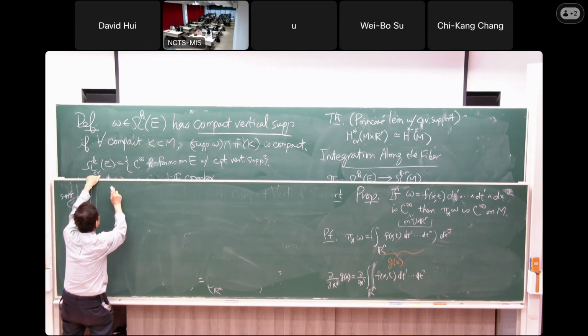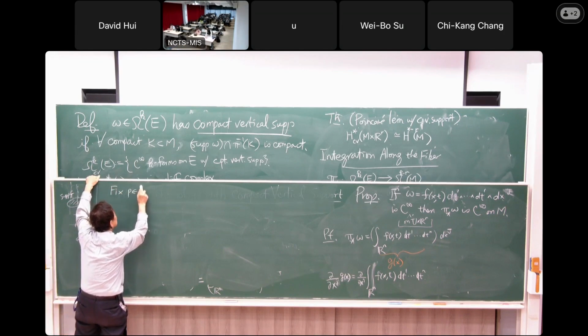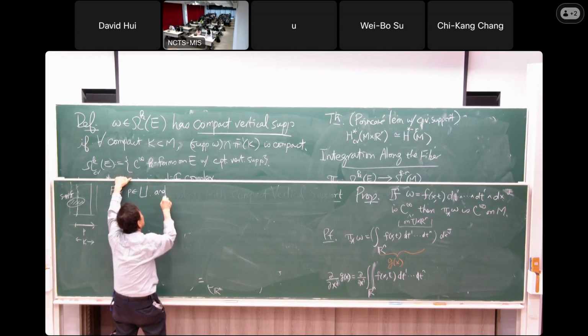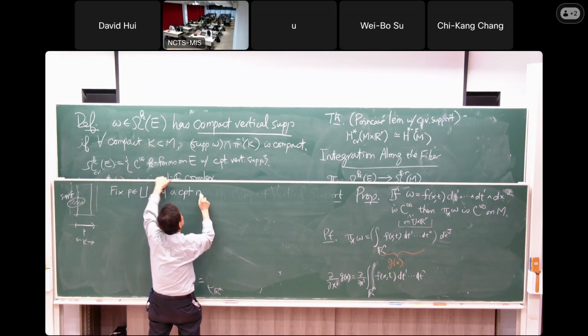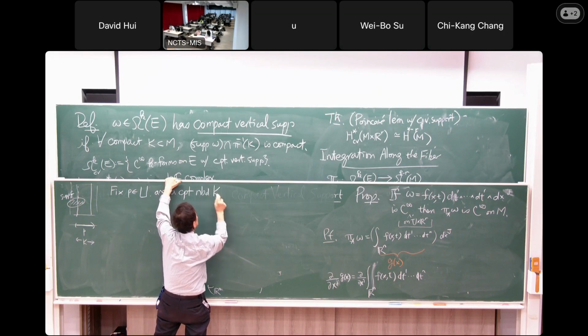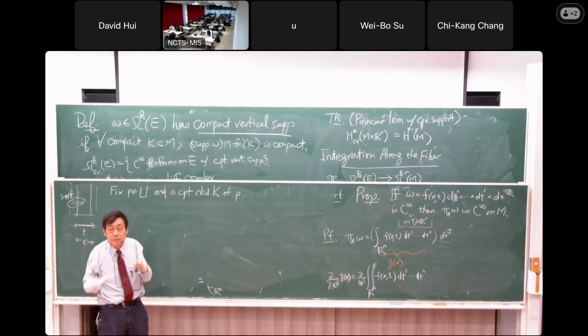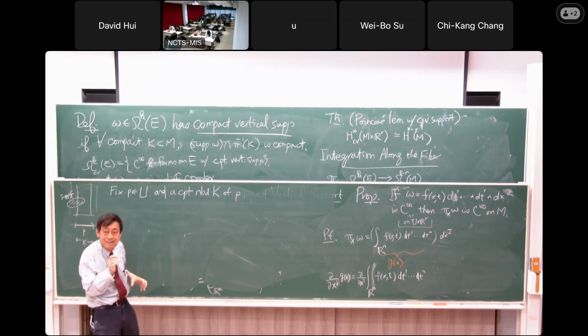So you fix a point P in U and a compact neighborhood K of P. A compact neighborhood just means a compact set that contains the neighborhood.